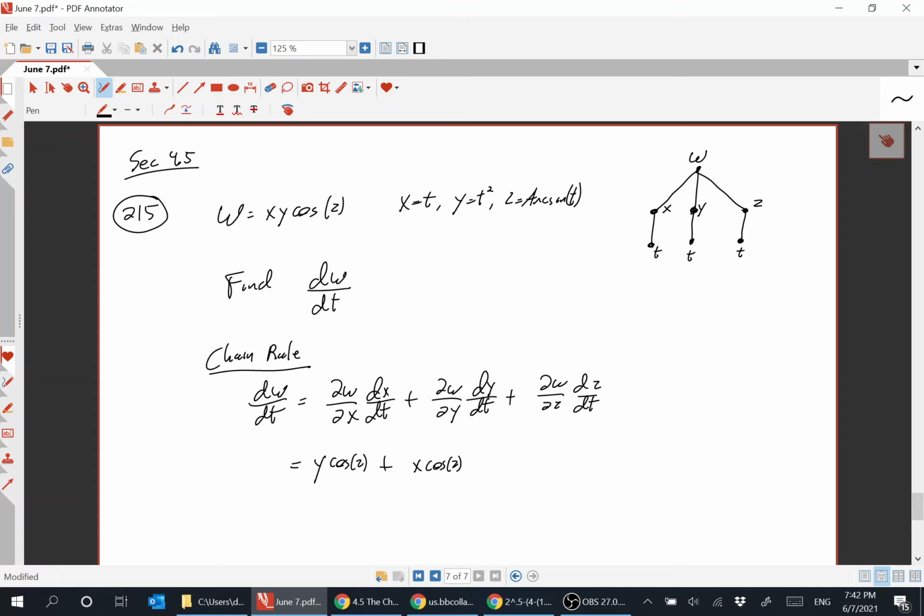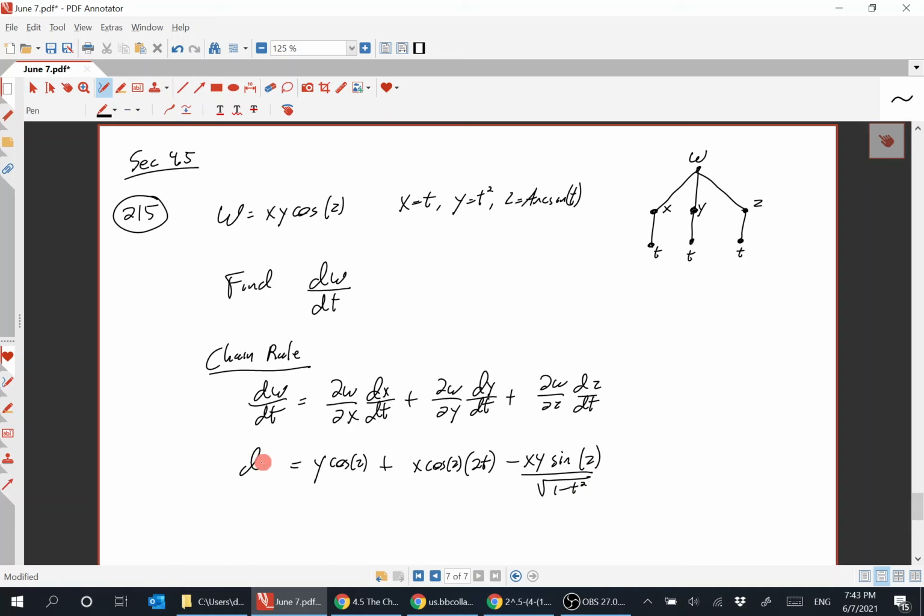So the derivative of y is just 1, times dy/dt, which is 2t. Plus dw/dz, so that's minus xy sine z, times dz/dt, which is the derivative of arcsine of t.